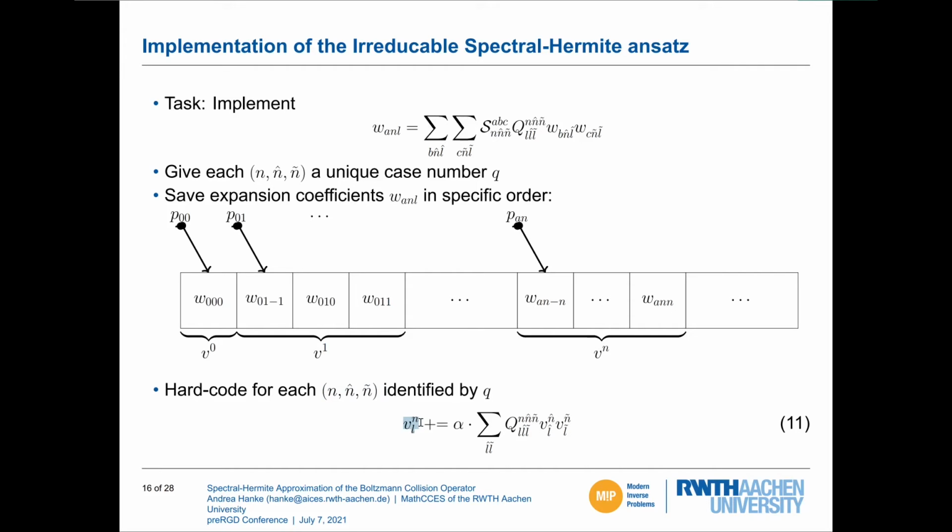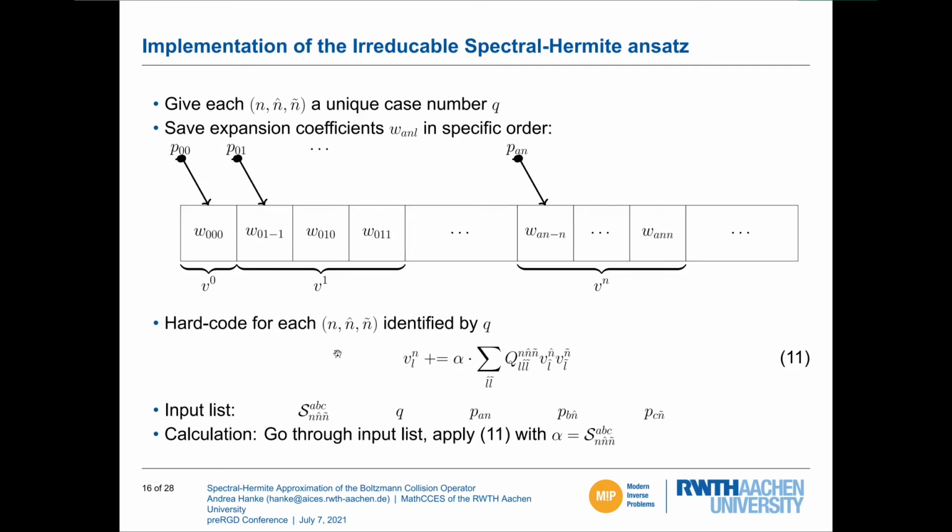Vnl, which is the resulting vector, is equal to some coefficient, some constant alpha, multiplied by the sum of the Q, which acts on the two input vectors v and v. We next give our code an input list. This input list has the coefficients s, the unique index number q, encoding our triple n, and the three positions p.